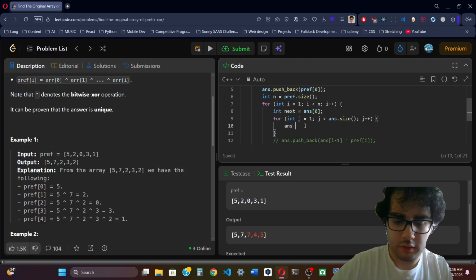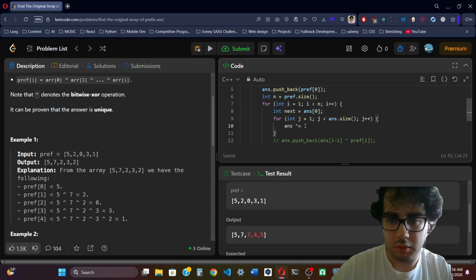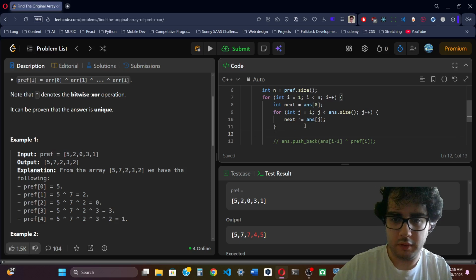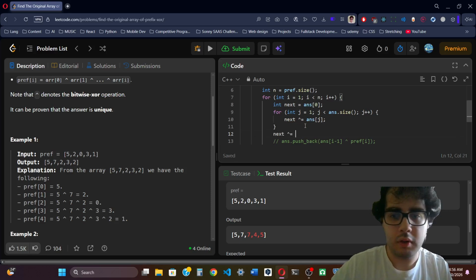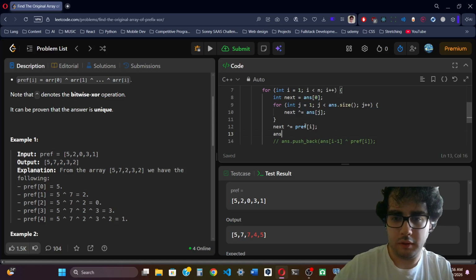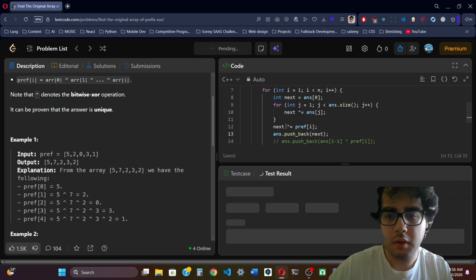We'll say next XOR equals ans of j, and then finally next XOR equals pref of i, and we'll say ans push back next.